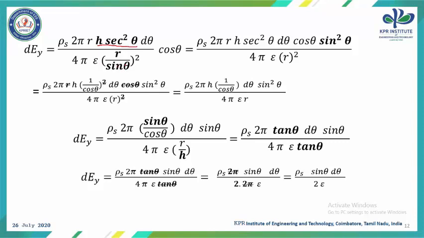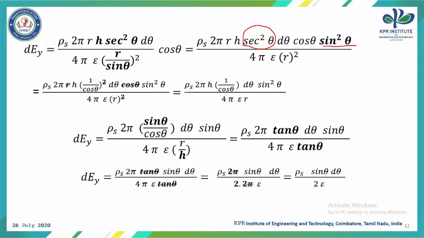Now I am bringing this sine squared term to the numerator. Now you have to simplify the equation. This term, 1 by cos theta, is secant theta. So I am substituting 1 by cos theta here and simplifying. Now this cos squared theta and this cos theta, the cos theta is going to get cancelled. Here is r squared, so this also is going to get cancelled.